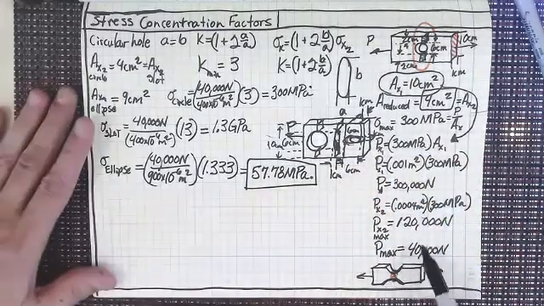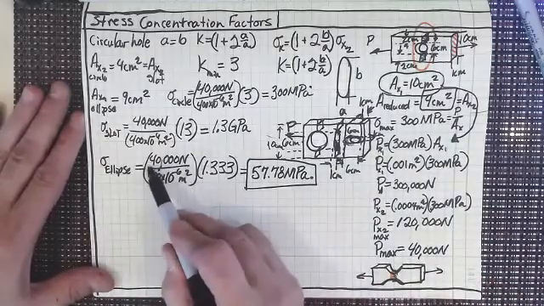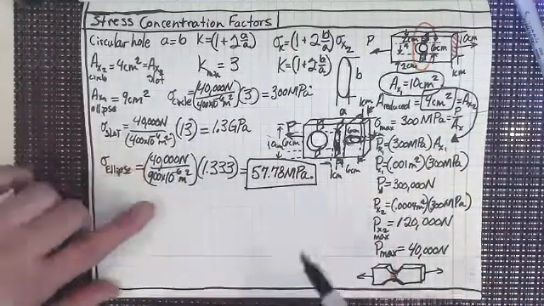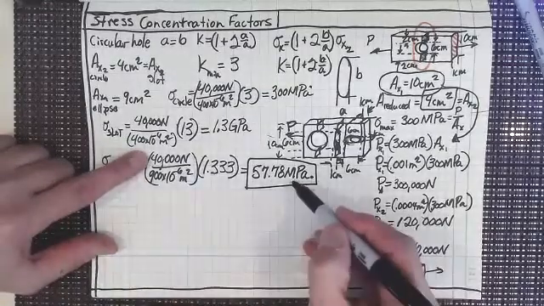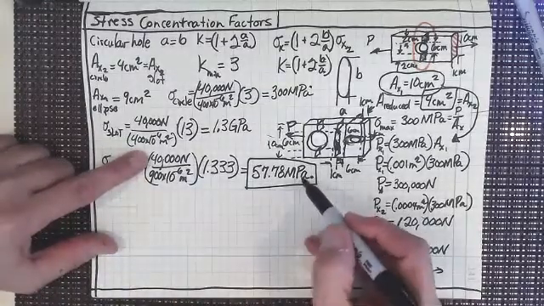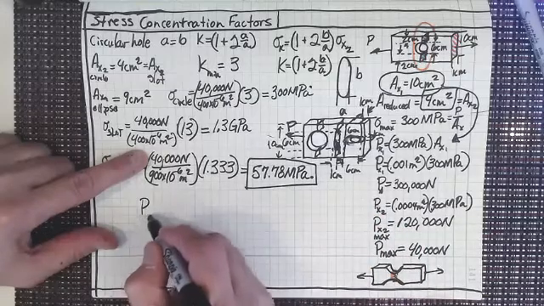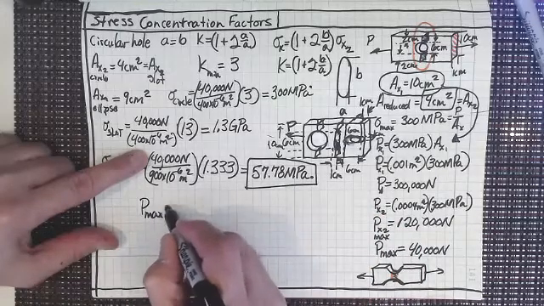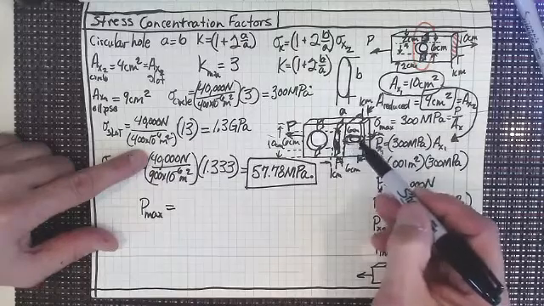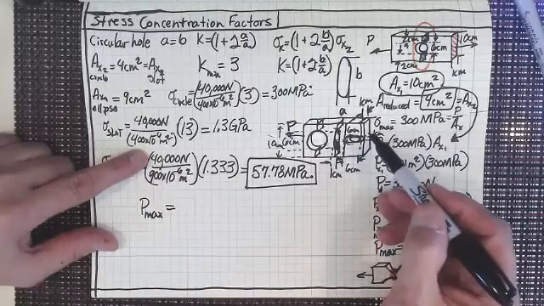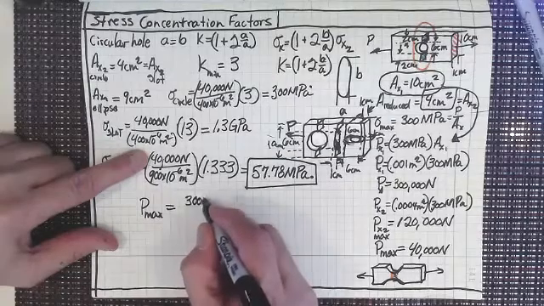So, could we now increase the force? How much could we increase that force up to before this gets to 300? Right? So what's our maximum force now, because we're such geniuses that we actually switched this the other way around? Well, let's say it would be 300 megapascals.